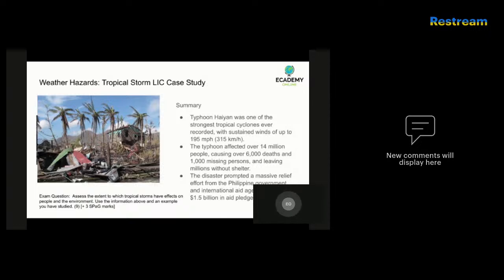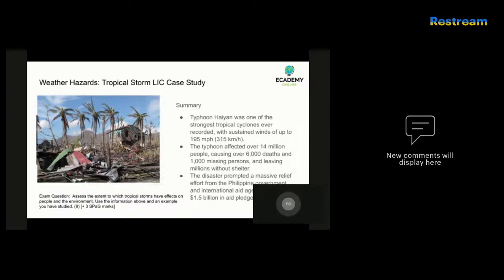And the scale of the disaster was immense, and it prompted a massive relief effort from the Philippine government and international aid agencies. The response efforts included providing food, water, shelter, and medical care to those in need. Aid workers also worked to restore infrastructure and services, such as electricity and transportation, to help get people back on their feet.